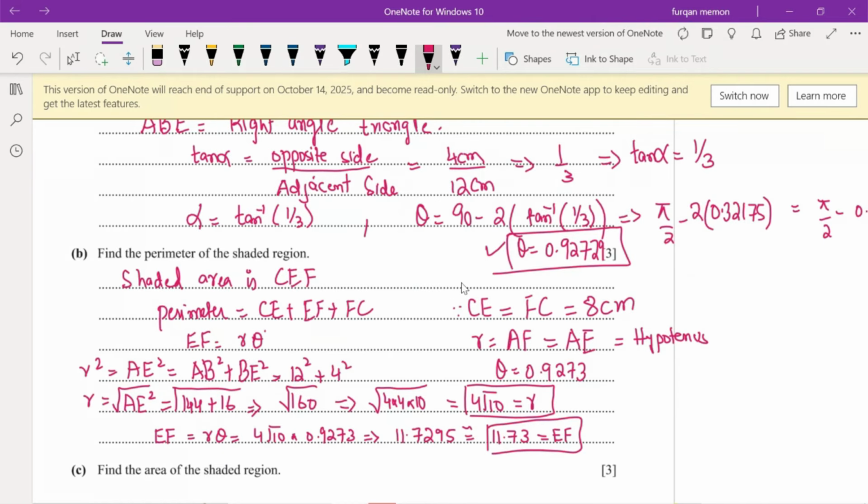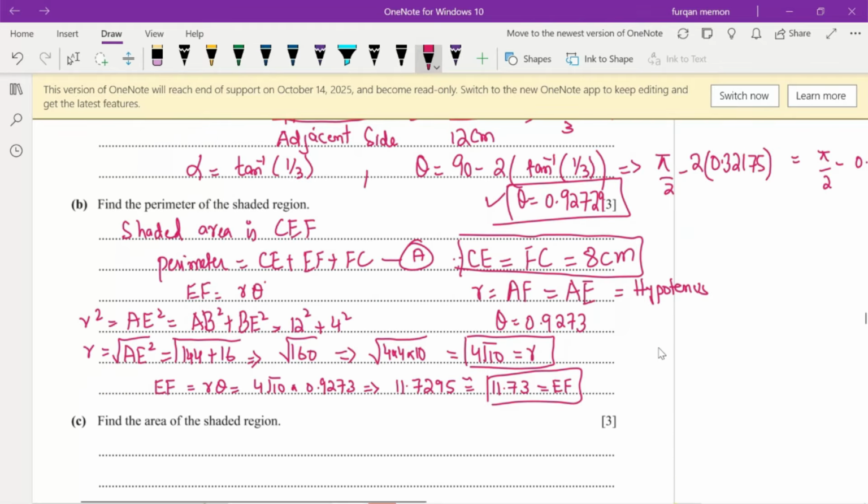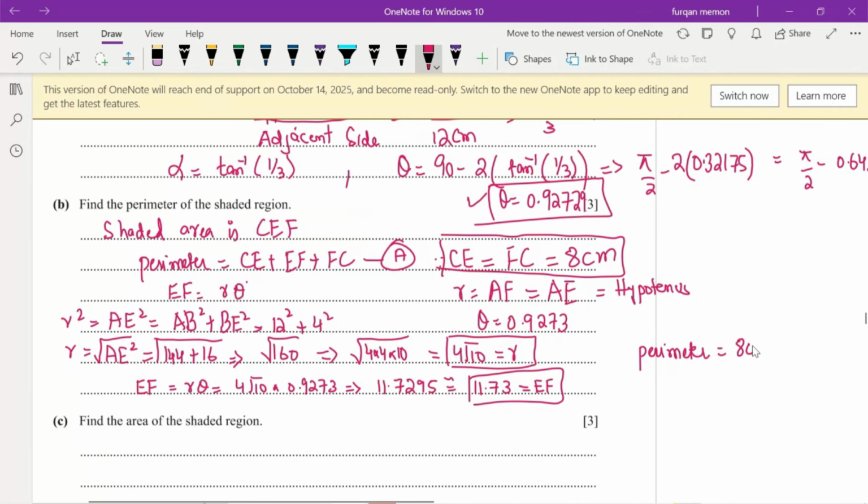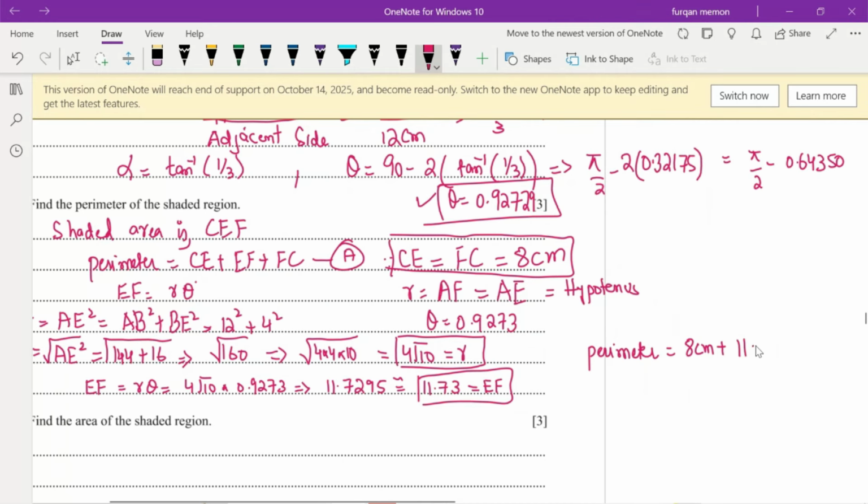Now plug EF and CE, FC in this equation, which is equation A. So we have perimeter is CE, which is 8 centimeter, plus EF, which is 11.73 centimeter, plus FC, which is 8 centimeter.